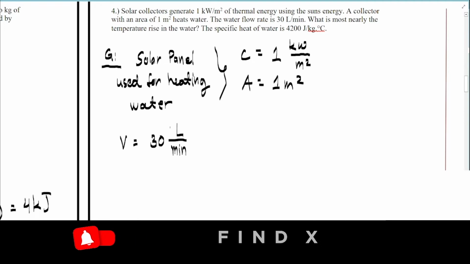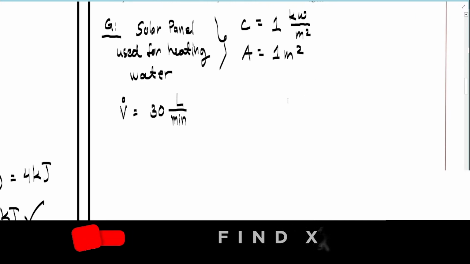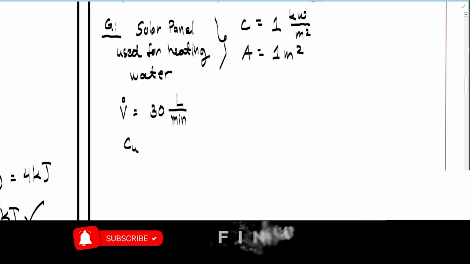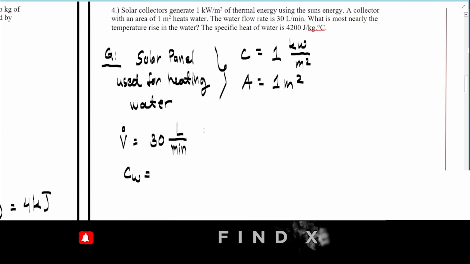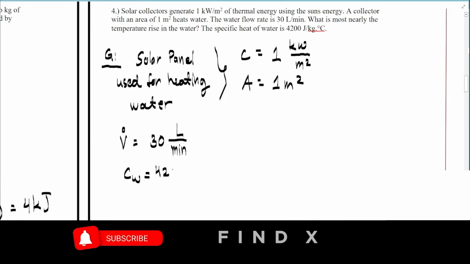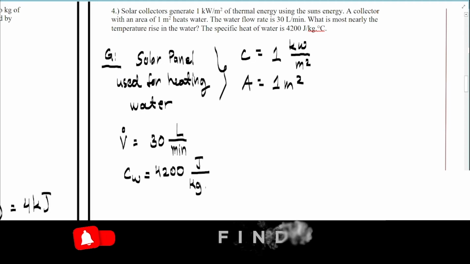I'll just change the symbol that we'll be using, so instead of V, it should be something like this. So your volume flow rate is equal to 30 liters per minute. Remember this one, because this is not simply the volume: we have a parameter of time in the denominator. Now, C of water, the specific heat of water, is already given in the problem: 4,200 joules per kilogram Celsius.